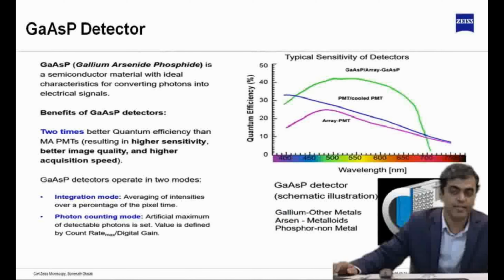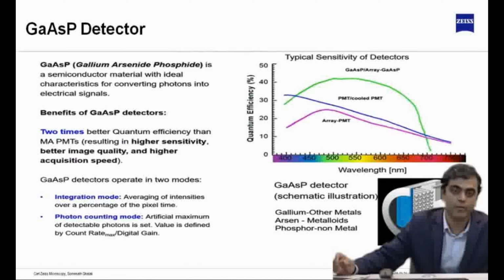With advances in technology, the detector has also improved. So in the LSM 980, not only is the conventional multi-alkali photomultiplier tube given, but along with it a higher sensitivity GaAsP detector, made from gallium arsenide phosphide. This is a semiconductor material considered very ideal for converting photons into electric signals.